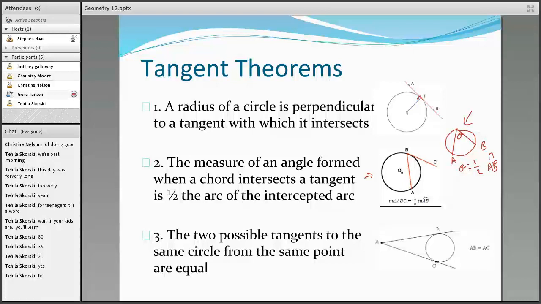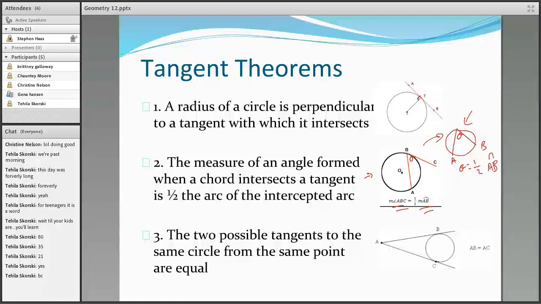BC is the tangent. That's correct. BA is really not a secant or a tangent. It's just a line segment, it's a chord. Angle ABC, in other words, this angle over here, is 1/2 of arc AB. Measure angle ABC is 1/2 of arc AB. Again, really for the same reason that it works in this diagram.